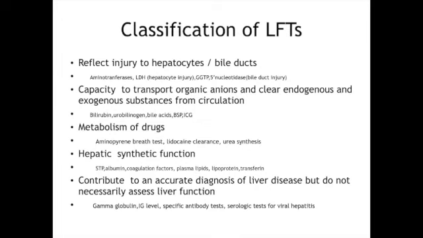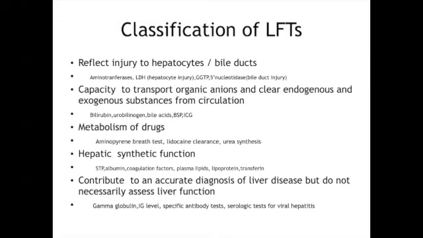LFT can be used to assess the metabolism of drugs by using the aminopyrine breath test or lidocaine clearance, or even simple urea synthesis represents the metabolic process of the liver. So in patients with severe liver dysfunction, the urea level will be very low because there is no production of urea.